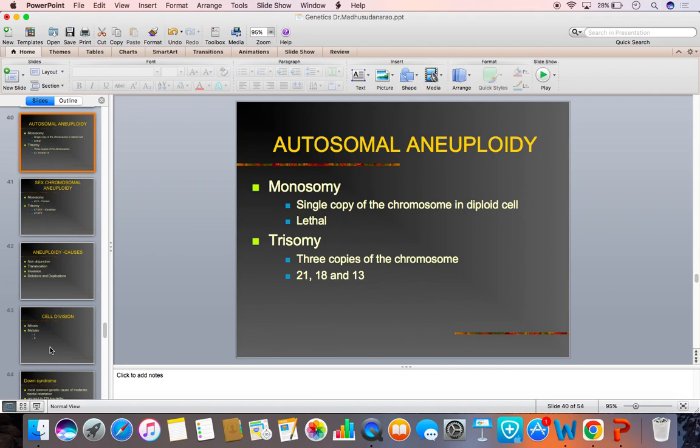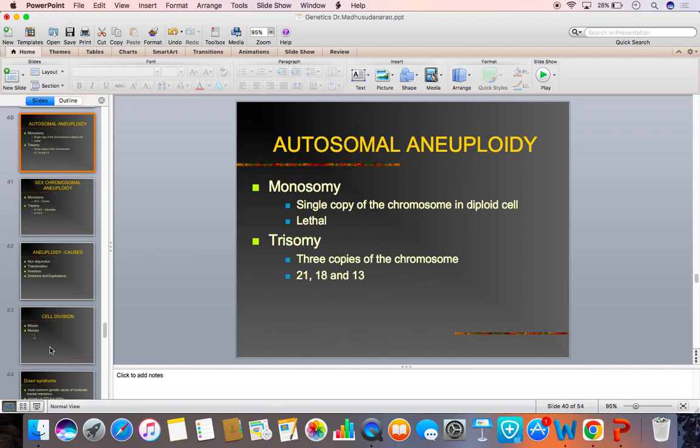The cell is diploid, but it has a single copy of the chromosome. But chromosomes occur in pairs. But in monosomy, with that particular number of the chromosome, it has one chromosome only. It does not have the pair.